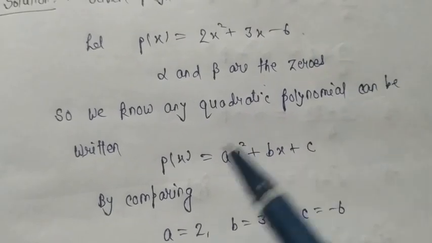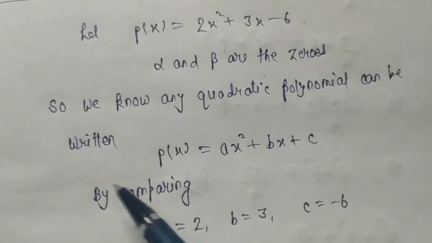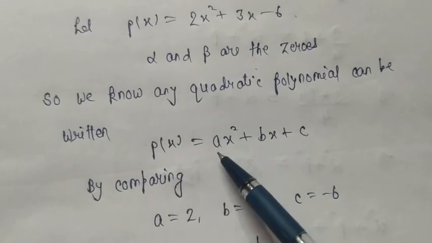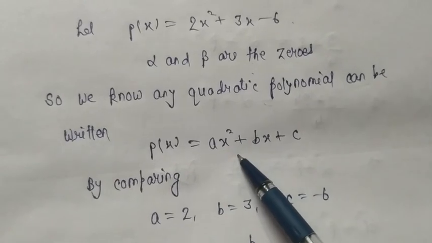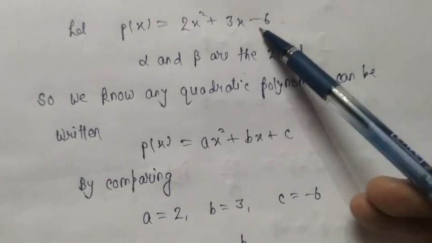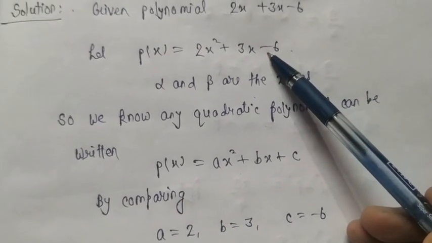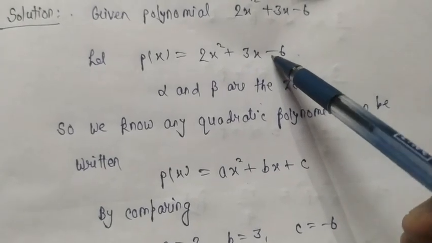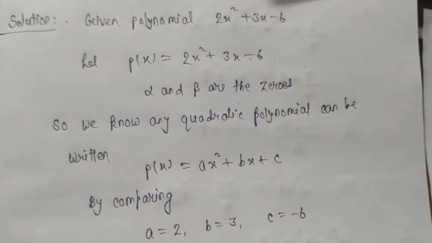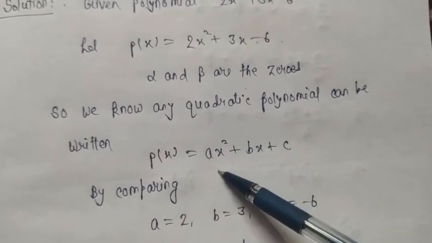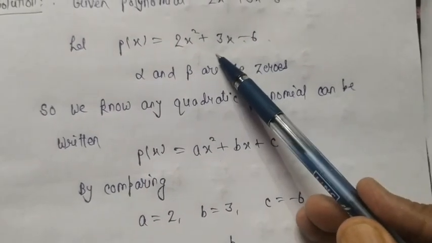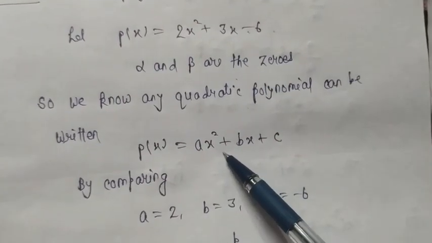As we all know, any quadratic polynomial can be written as p(x) equal to ax square plus bx plus c. So this is the general form, and this is the polynomial given in the question.